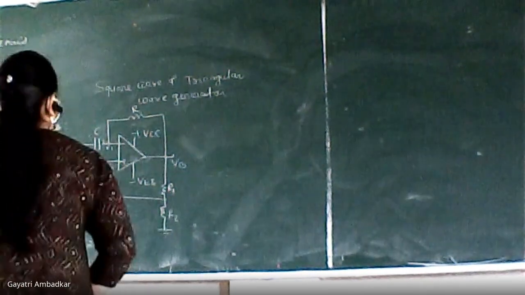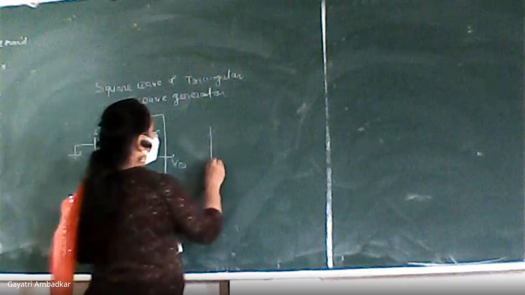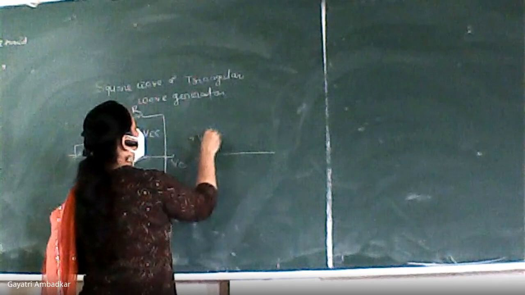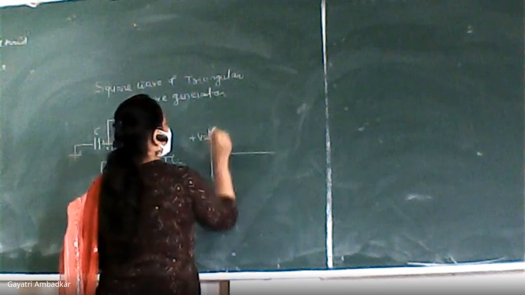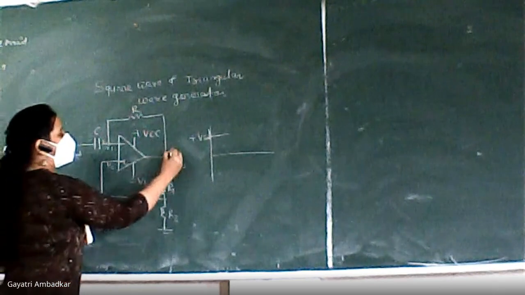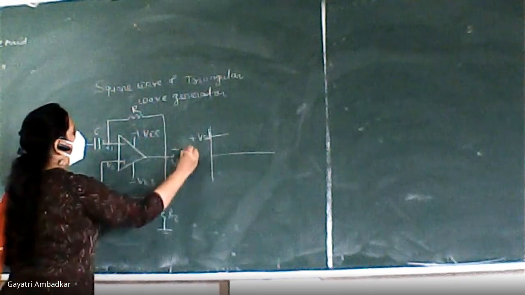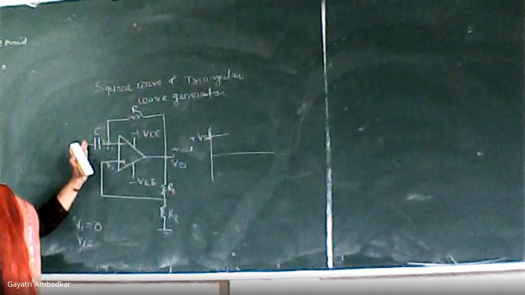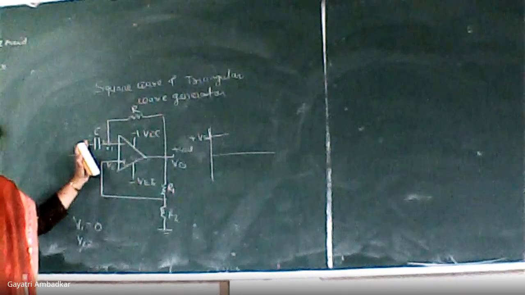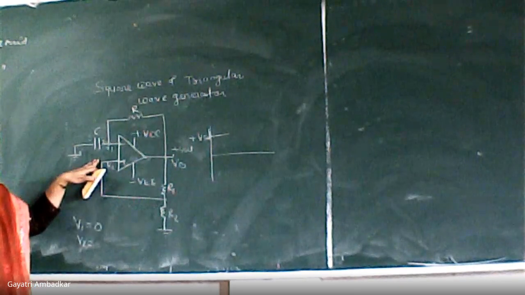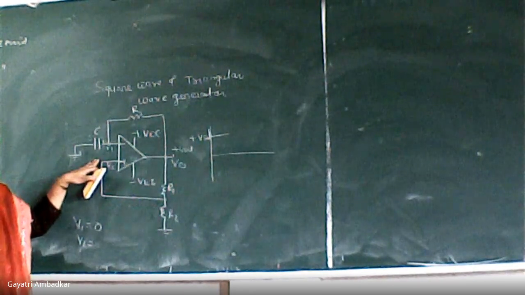So the moment you switch on the circuit, output will be plus Vsat. So your output has become plus Vsat. In the beginning the voltage across the capacitor is 0. Because of the offset voltage, there was a small value of V2.